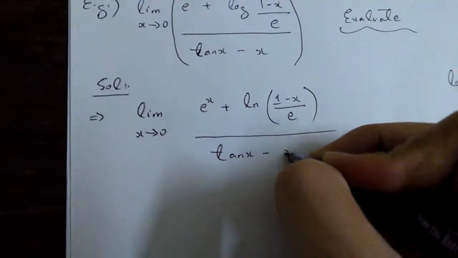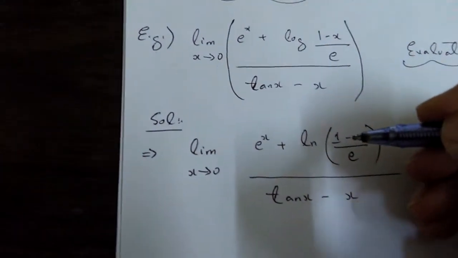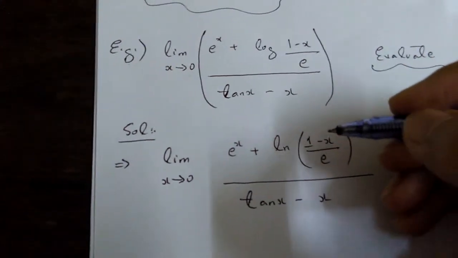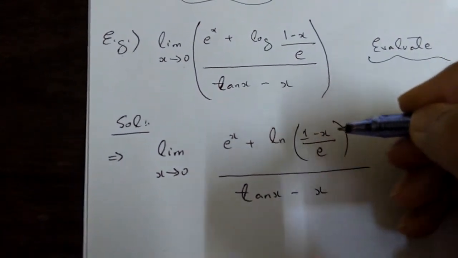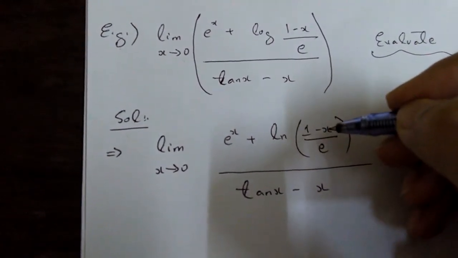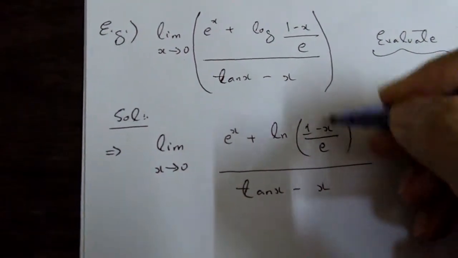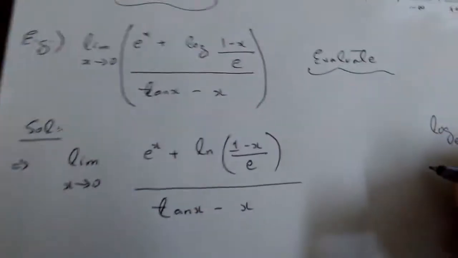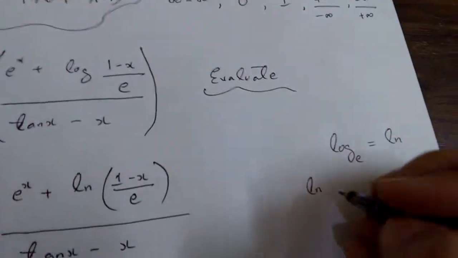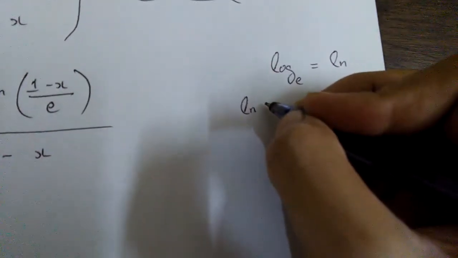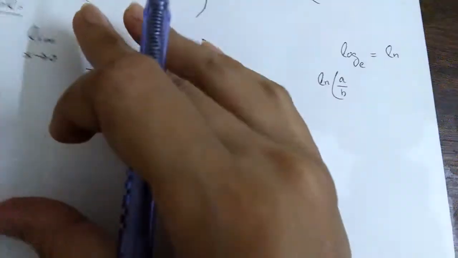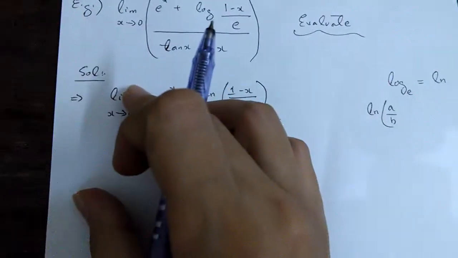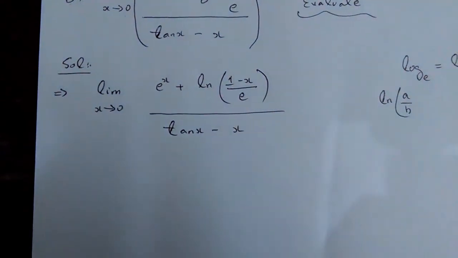Fine. Now I can apply my log characteristic, that if you have any value expressed in quotient form, you can apply the basic log property. Just hang on for a second.